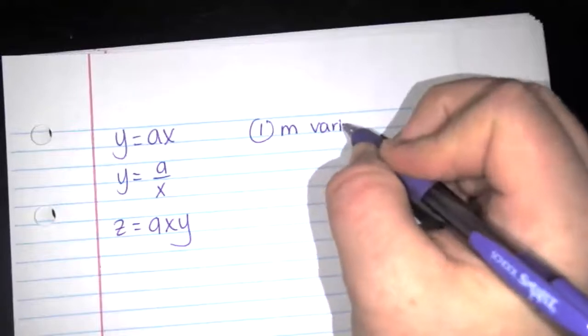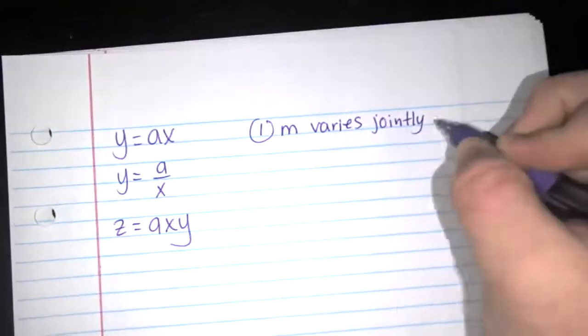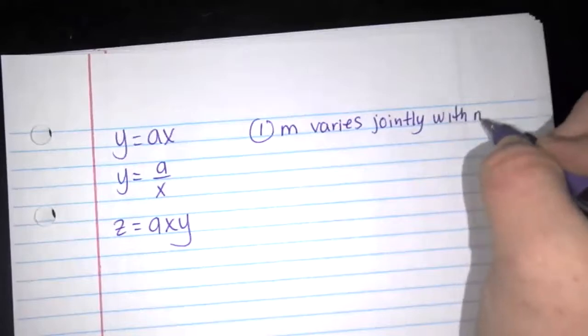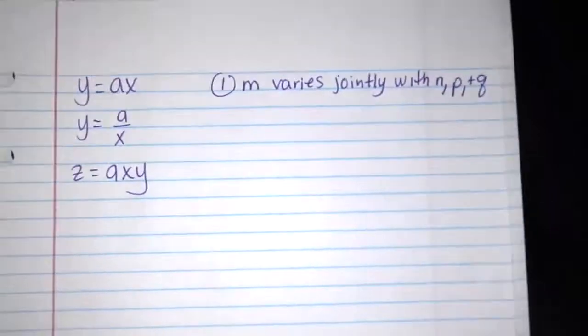M varies jointly with N, P, and Q. So how can I plug this in? First of all, which one should I use?